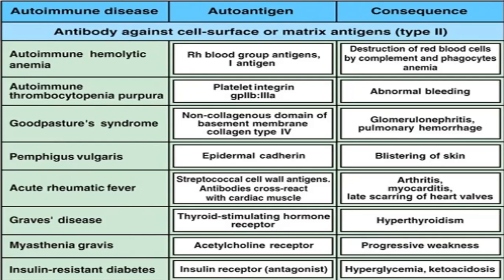Rheumatic heart fever, acute rheumatic heart fever, in which the main pathophysiology is molecular mimicry. Your group A streptococci produce on their surface a protein which has the same structure as antigens found in the cardiac muscle.